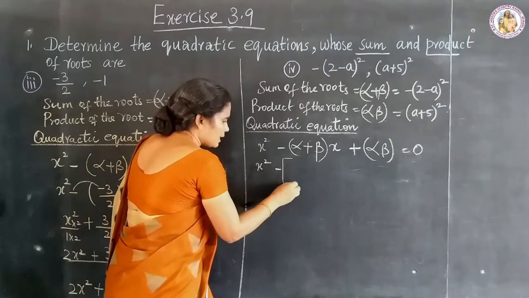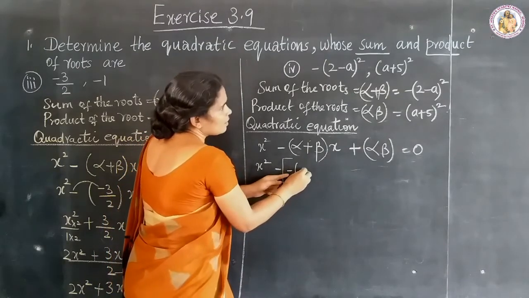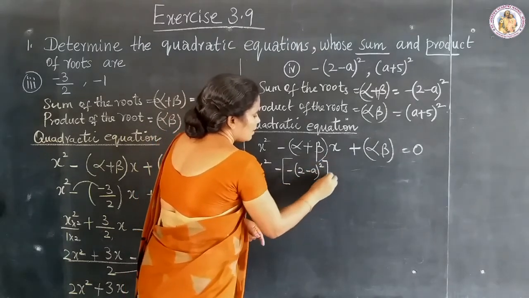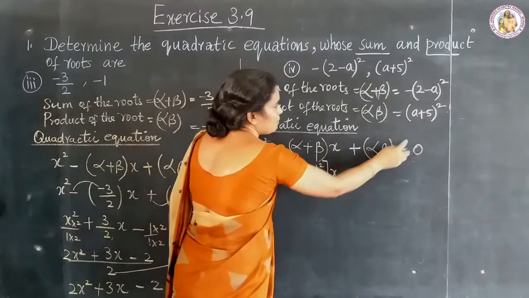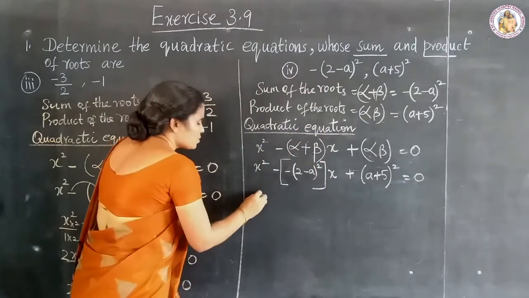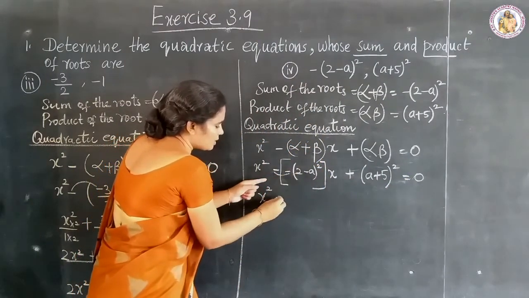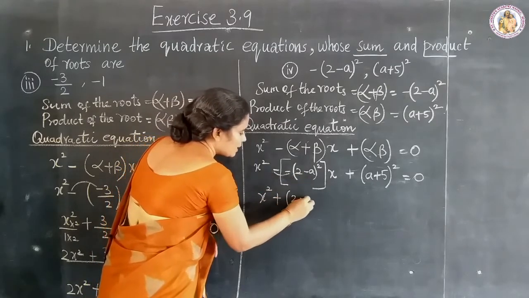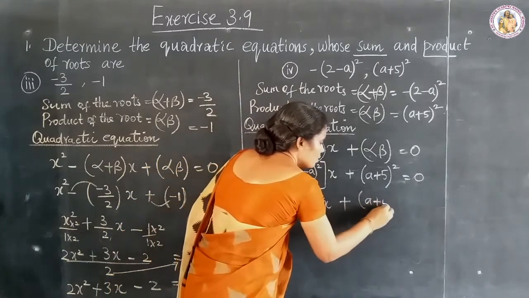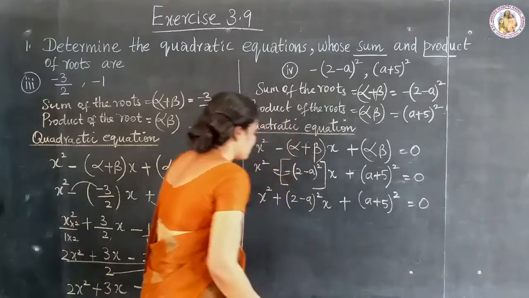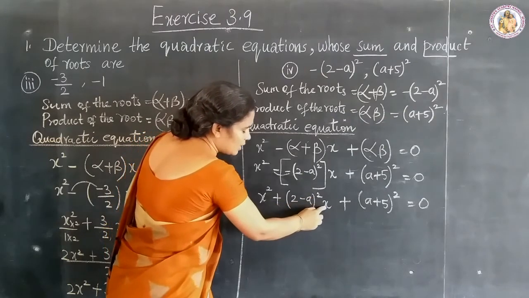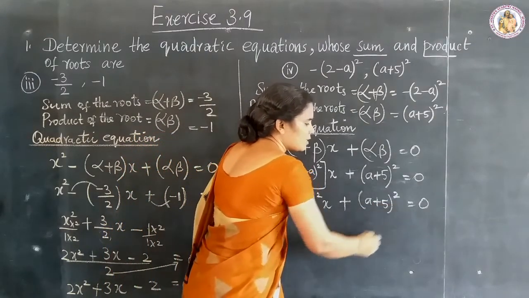So within bracket minus 2 minus a whole square x plus a plus 5 whole square is equal to 0. So x square, minus into minus plus, and within bracket 2 minus a whole square x plus a plus 5 whole square is equal to 0. So the quadratic equation is x square plus 2 minus a whole square into x plus a plus 5 whole square is equal to 0.